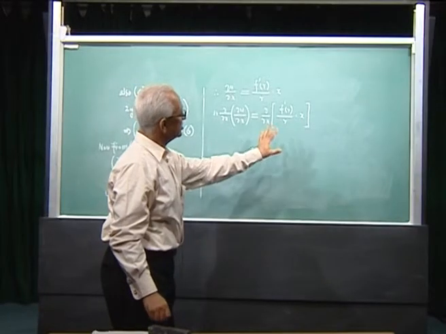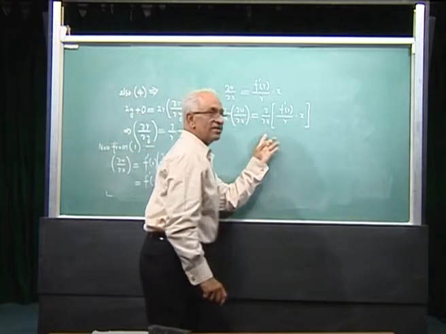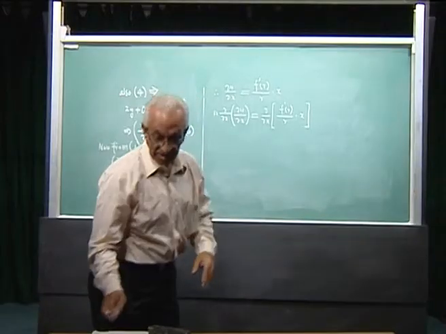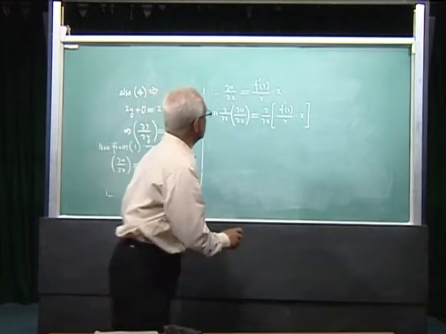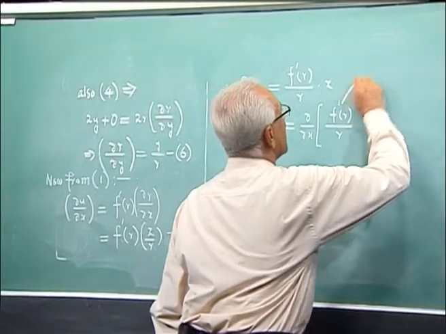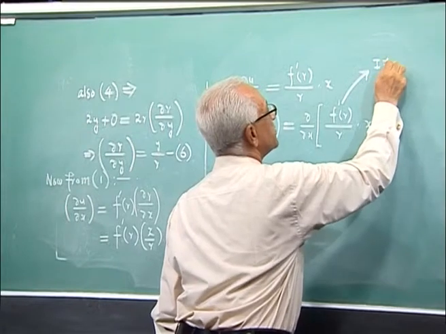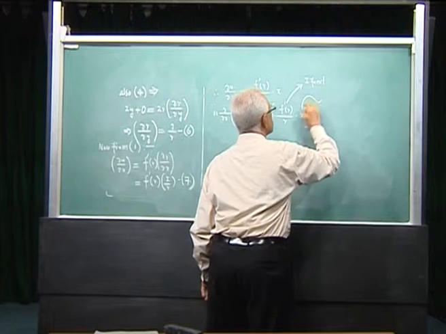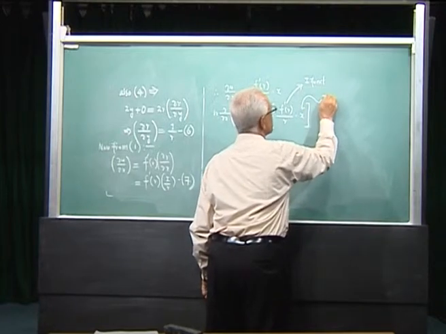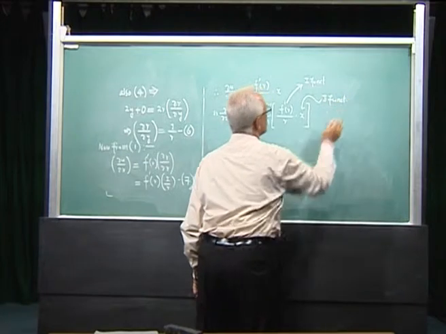With respect to x, the result is obtained this way. What we need in the result is this particular thing. I am considering this as the first function, and this as the second function, and I am using the product rule.